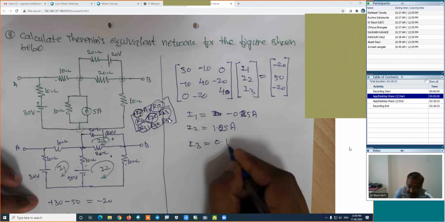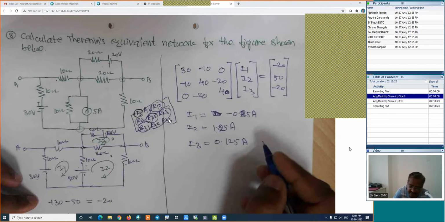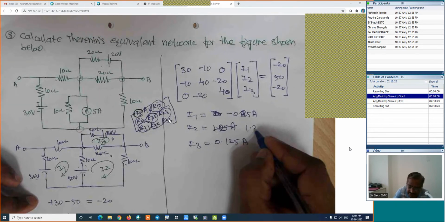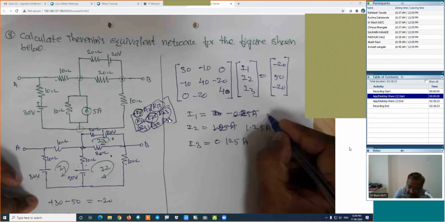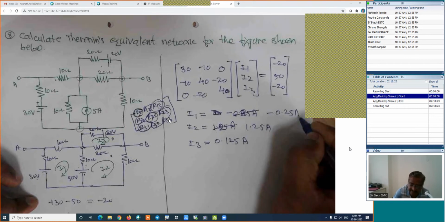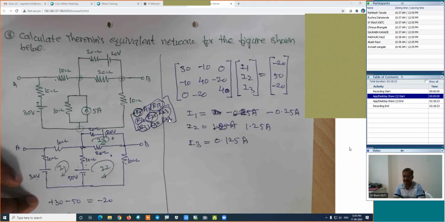This is 1.5 amperes. This value is 1.25 amperes. This value is minus 0.25 amperes. Is it right? If we know the three currents, Ruchira, is it correct? Yes, sir. Correct. Okay, fine.